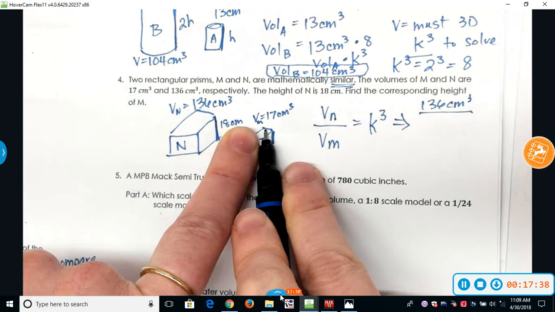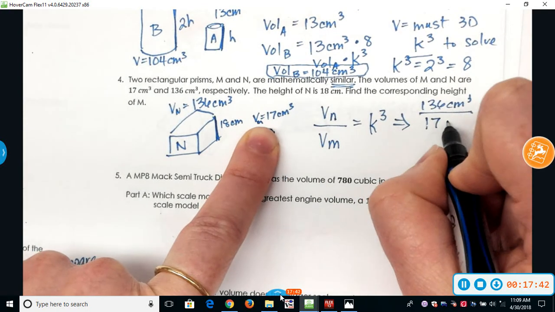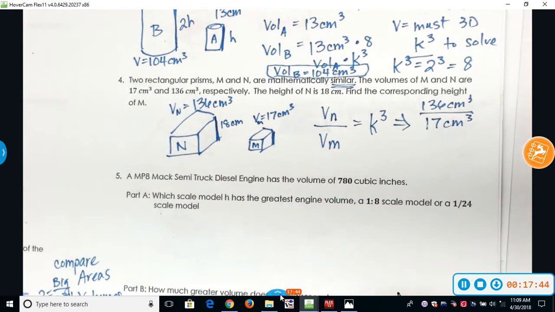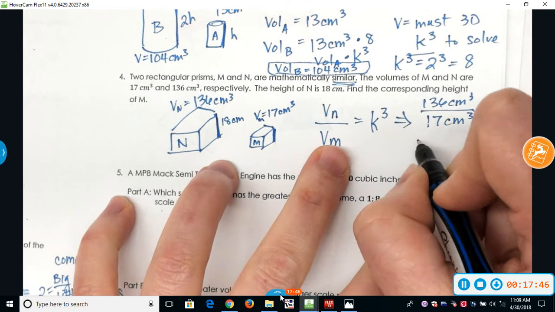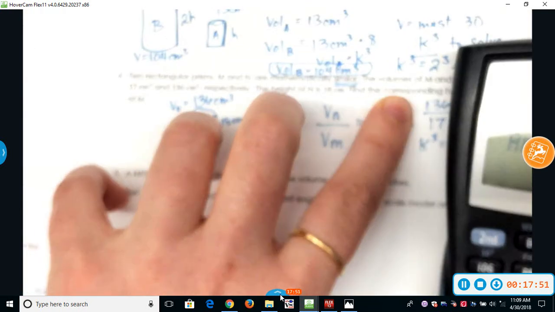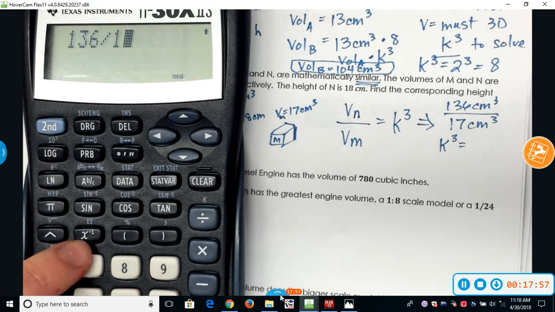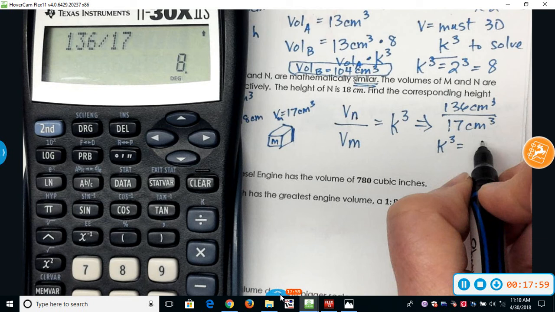And the volume of M is 17 centimeters cubed. So what that means, my K cubed is, let's see, 136 divided by 17 is 8. Oh, sweet.